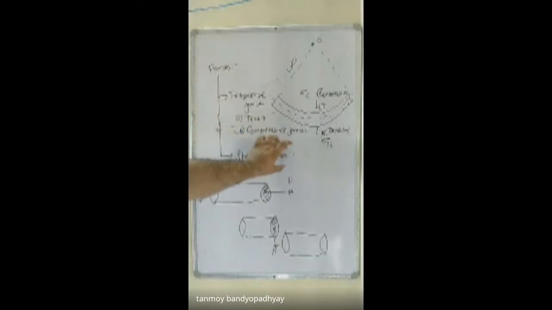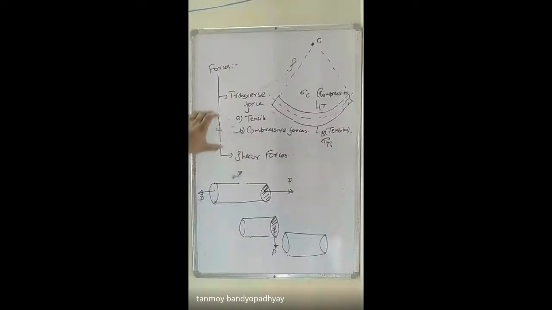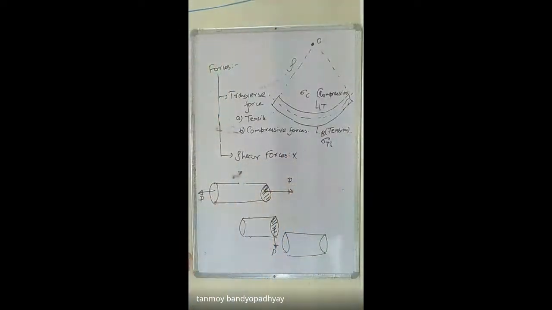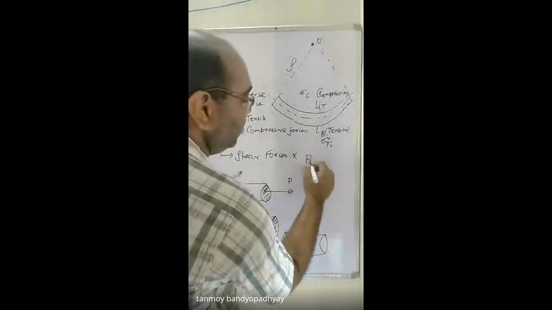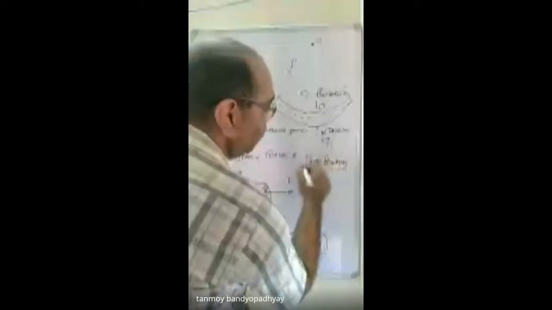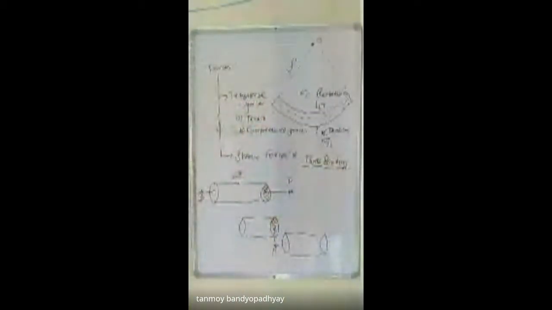Whenever the effects of shear forces are absent and only bending is present, that is known as pure bending. So in pure bending, you have only bending moment, no shear forces.